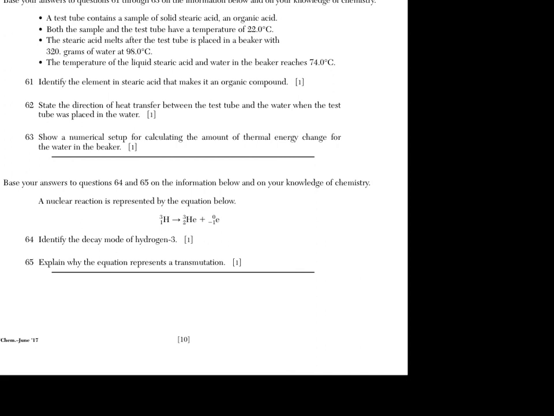So we're looking for thermal energy change. That's going to involve a change in temperature, and we have a change in temperature here for the water in the beaker. All right, so we're going to use this equation, which is on reference table T. We're solving for Q, which is the amount of heat energy, the thermal energy. The mass of the water is 320 grams.